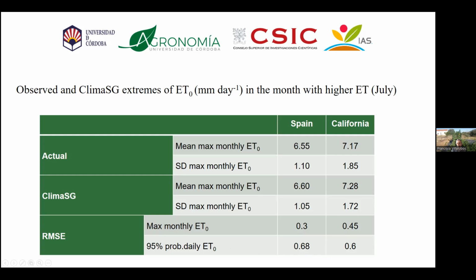The point is that we can not only get average values, but also we can have a very accurate estimate of the maximum values or 95% values of ETO, which are important to determine the peak demand for the crops, which are required for design of irrigation systems.